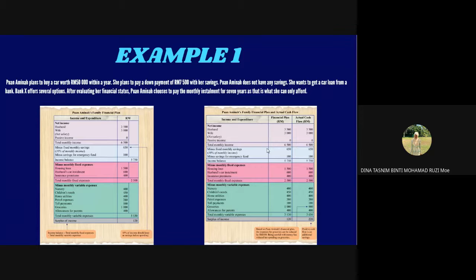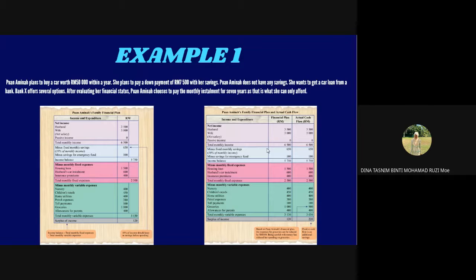And then she needs to minus monthly variable expenses, and the total will be 3,130 ringgit. How to calculate the surplus of income is income balance minus total monthly fixed expenses minus total monthly variable expenses, and it will be 120 ringgit. Surplus of income is pendapatan lebihan in Malay.